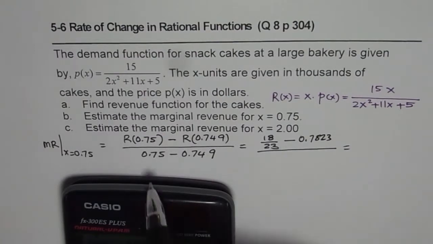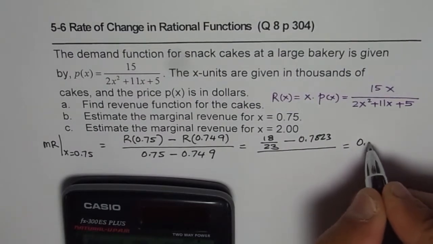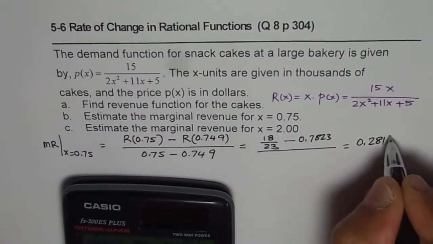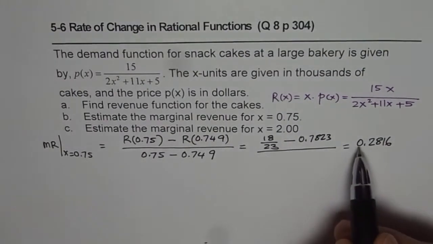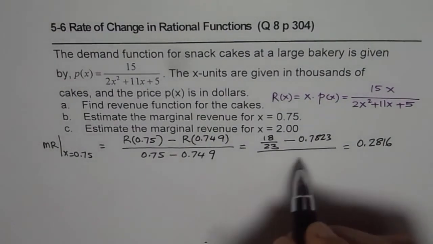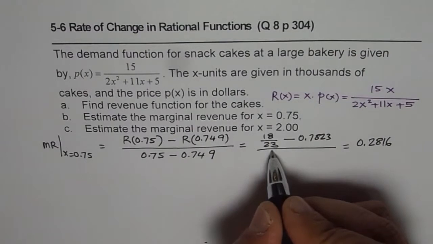And this number I'm dividing by 0.75 minus 0.749, and that gives me 0.2816, right? So that is what it gives me, 0.28. I just calculated all these values using the calculator itself.